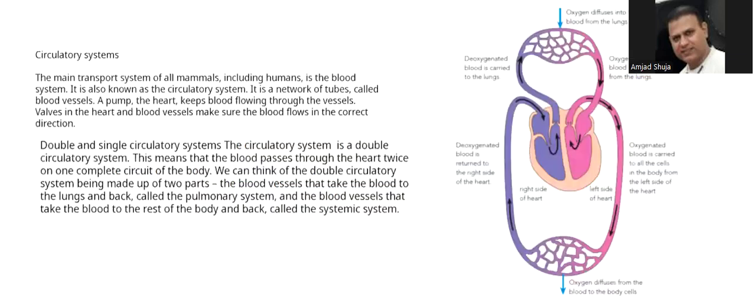Students, in mammals the circulatory system is the main transport system, in which materials like oxygen and nutrients are transported to all the other parts of the body, and from the cells, waste material and carbon dioxide are collected back.